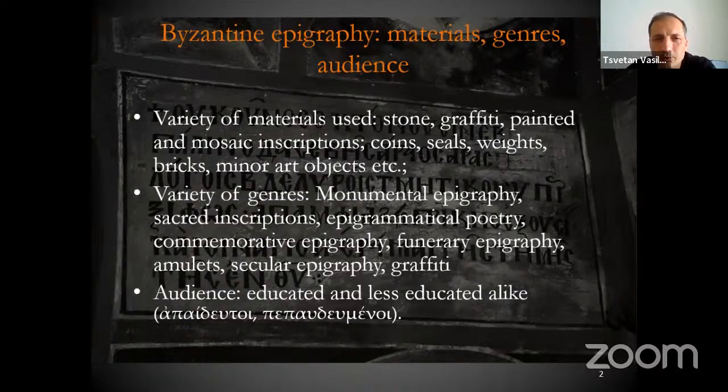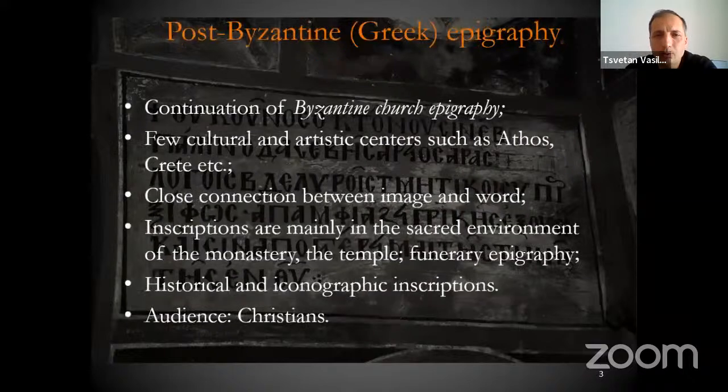When we talk about post-Byzantine inscriptions, I think we can safely say that it's a continuation of one branch of Byzantine epigraphy, and more precisely Byzantine church epigraphy. So in post-Byzantine times, in the post-Byzantine period, which means after the 15th century, from the 15th to about the 19th century, or even the early 20th century, we have a tradition that is a continuation.